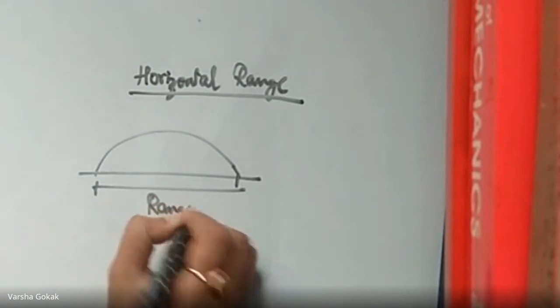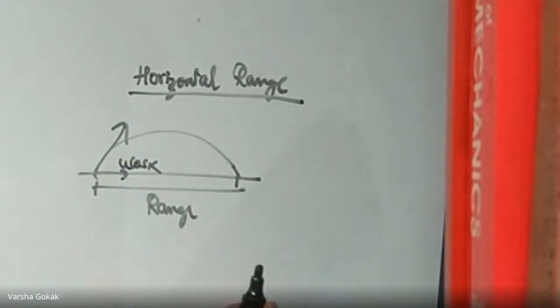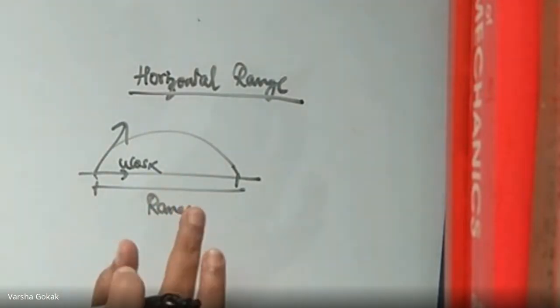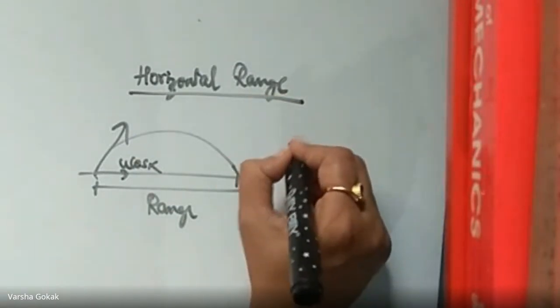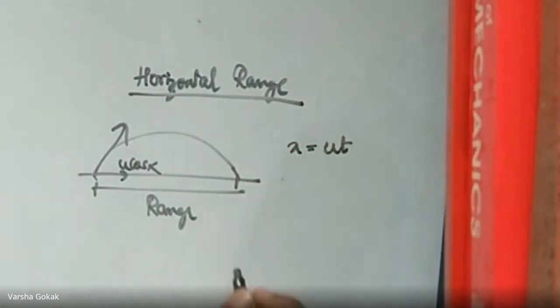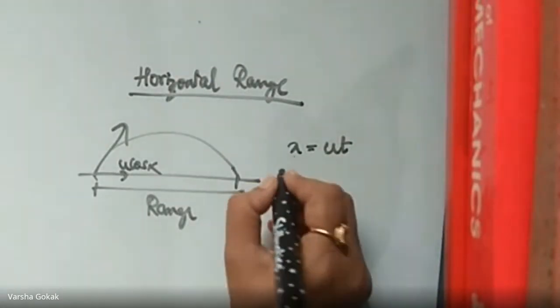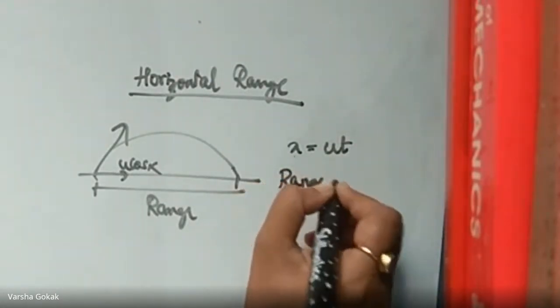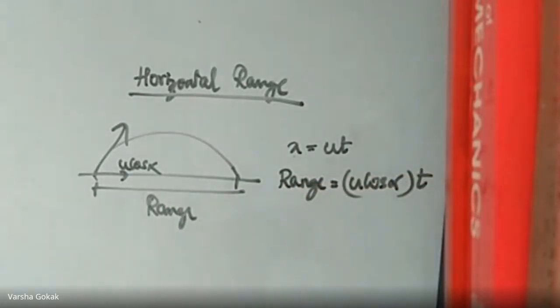It is moving with u cos alpha, the uniform velocity. Hence the horizontal distance is x equal to u into t, since g is 0 here. So x is the range, u is u cos alpha, and this is t.